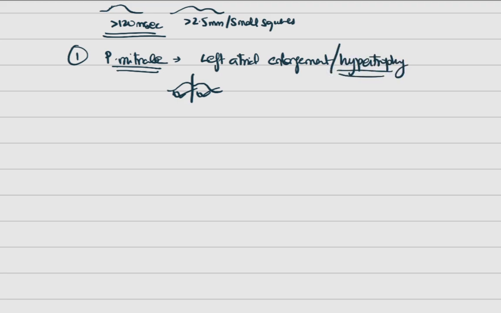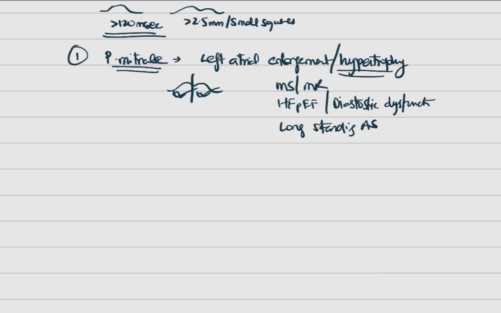So what could be a cause for left atrial hypertrophy? Like mitral stenosis, heart failure with preserved ejection fraction, diastolic dysfunction, long-standing AS. In all these cases, you have a left atrial hypertrophy or enlargement.